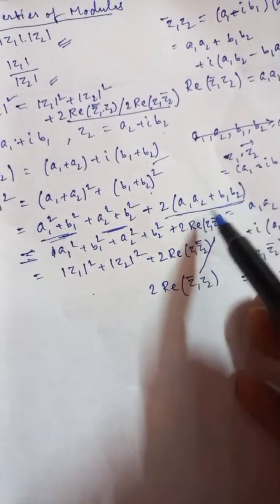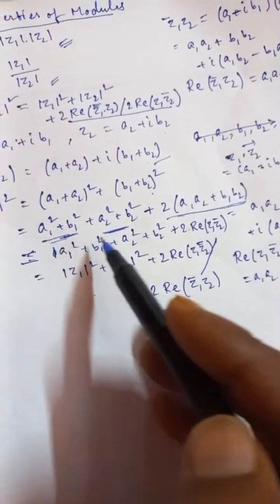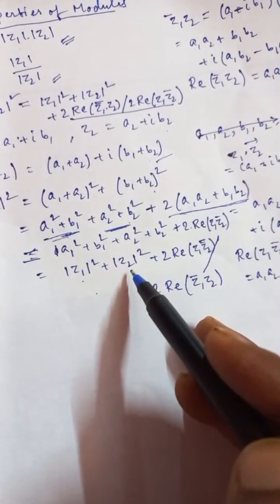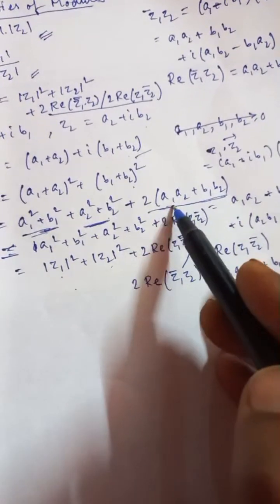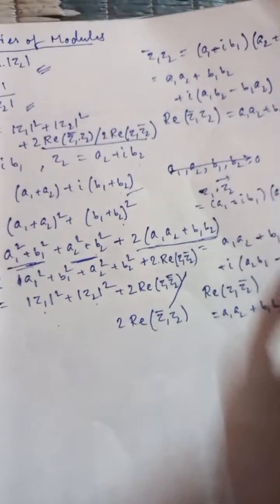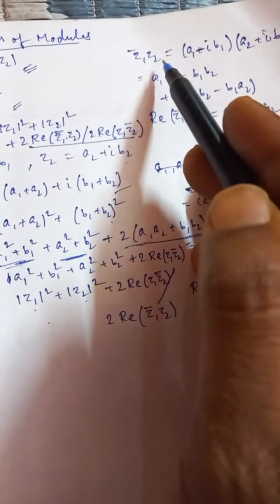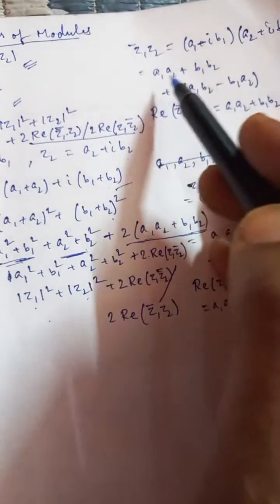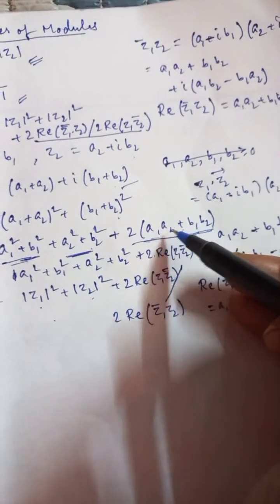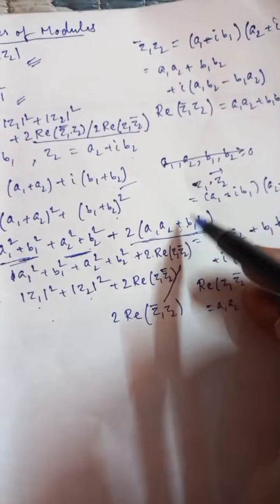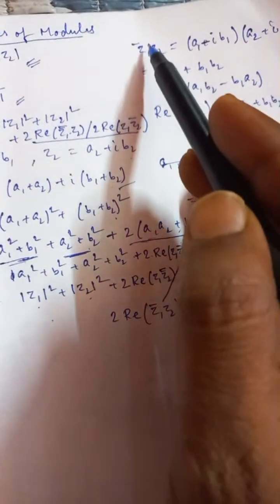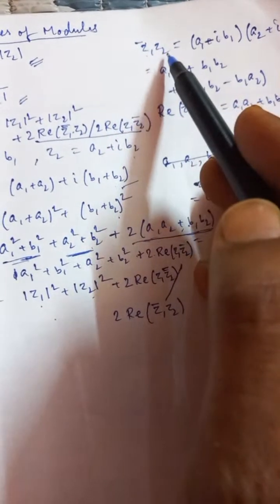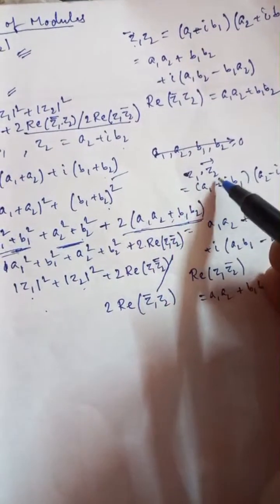So now this is equal to mod of z1 whole square, this is equal to mod of z2 whole square, and for this last term we have to multiply z1 and z2. If we multiply z1 and z2, the problem is that we will get a minus relation between these two terms. So we will take a bar sign on z1 bar z2 or z1 z2 bar.